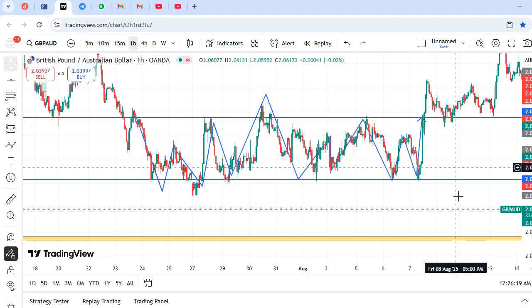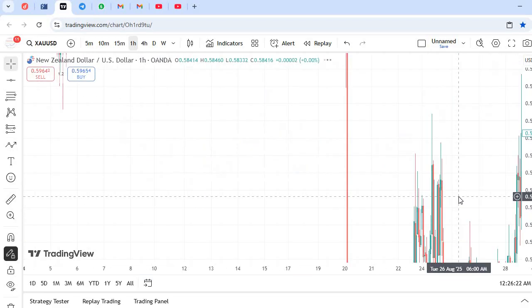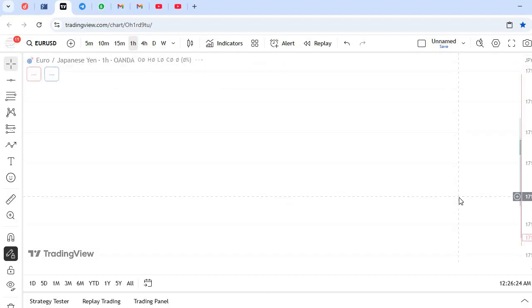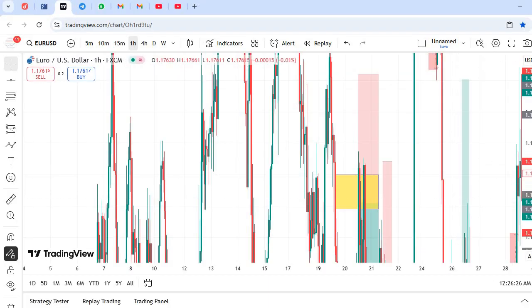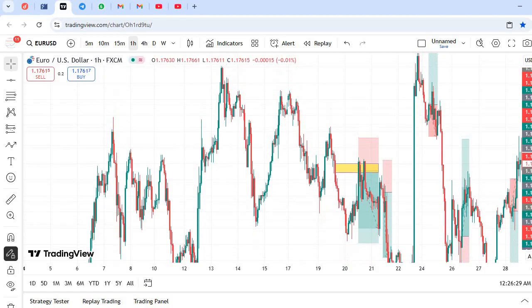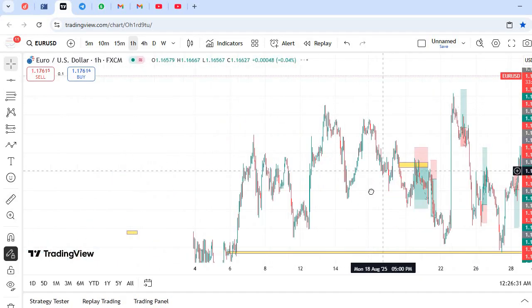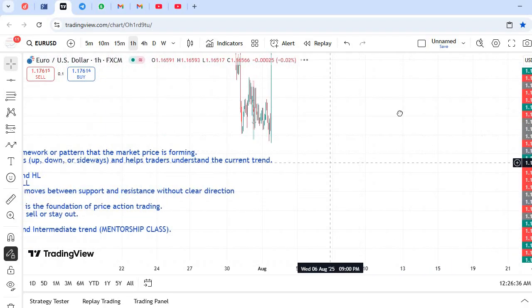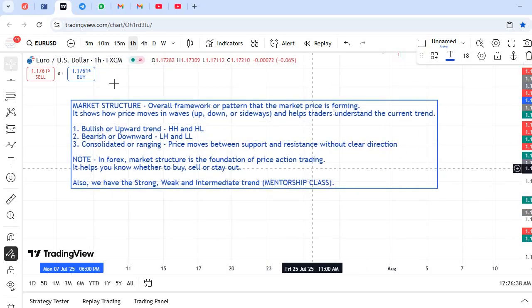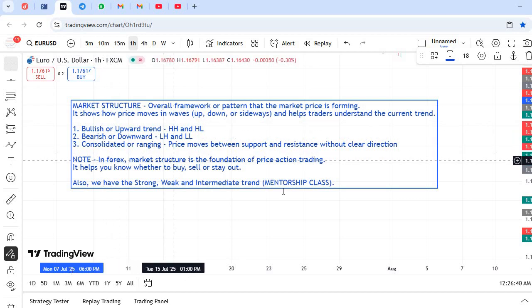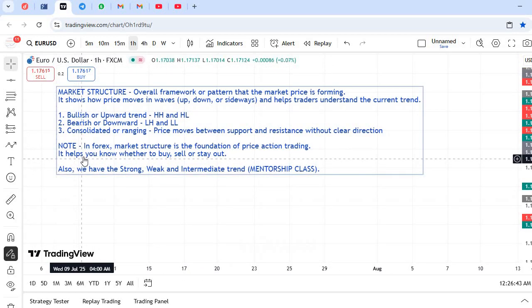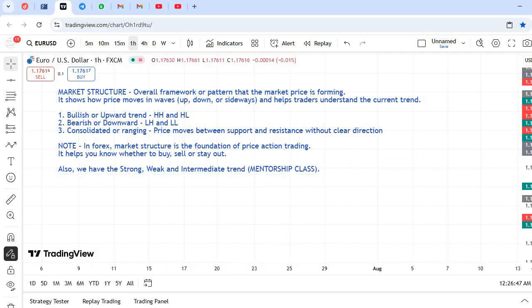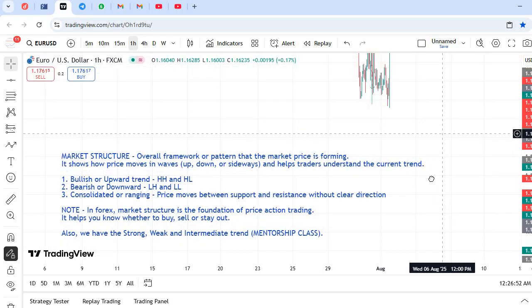Now there's this other thing I'd like to explain to us. So let's go back to where we were. So we've looked at the bullish, bearish, consolidated, or ranging. Also note, in Forex, market structure is the foundation of price action trading. Correct? So you can't talk about Forex trading without talking about market structure.